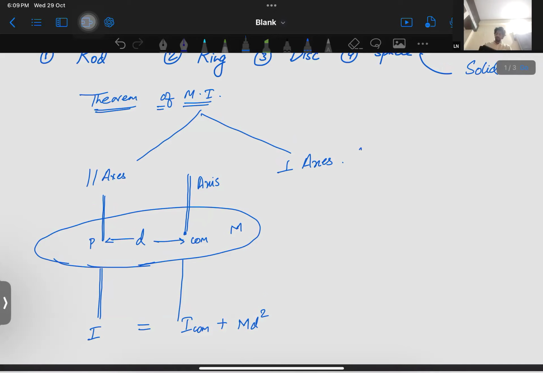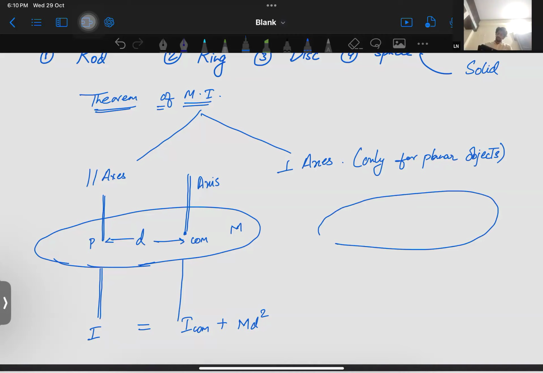Now, what's the perpendicular axis theorem? This is only valid for planar objects. When we say planar, you can imagine what it means. It means, for example, all of the mass is present only on a plane, maybe the XY plane or the YZ or the ZX. Planar objects are also known as pancake or lamina. So let's say that this is your x-axis, y-axis, and this is the z-axis over here.